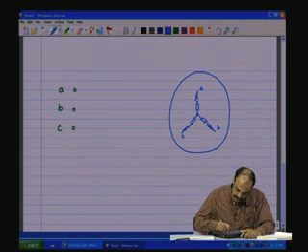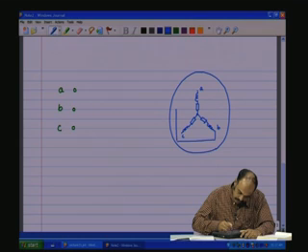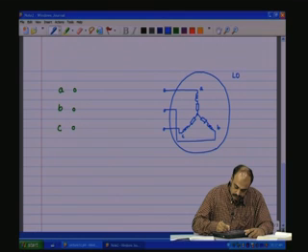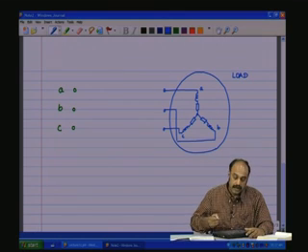So, let us bring this out like that. So, we have the B phase terminal, we have the A phase terminal and then we have the C phase terminal, isn't it? So, this is a load, this is an RL load.